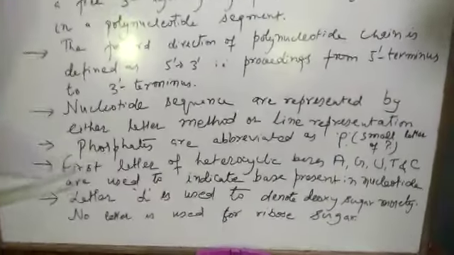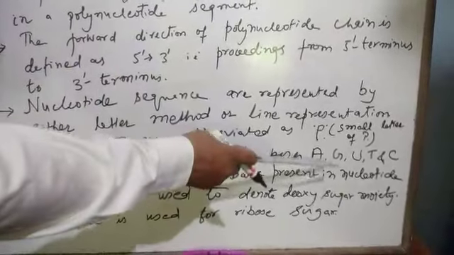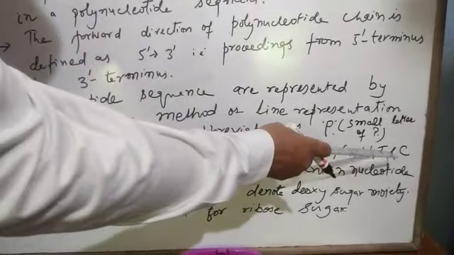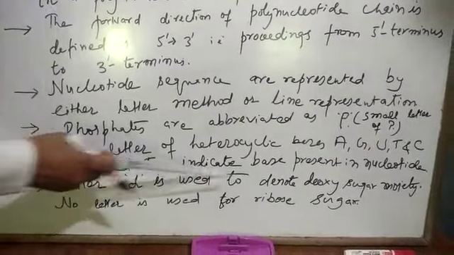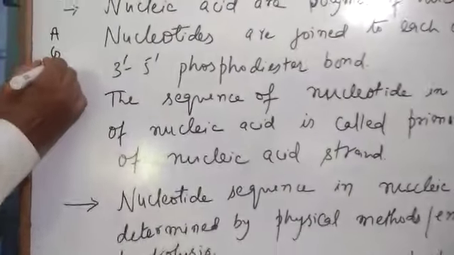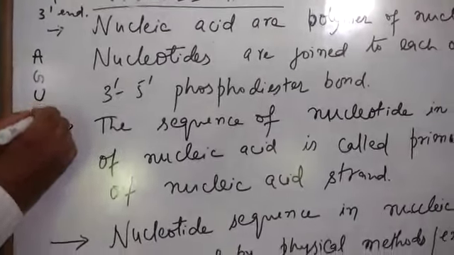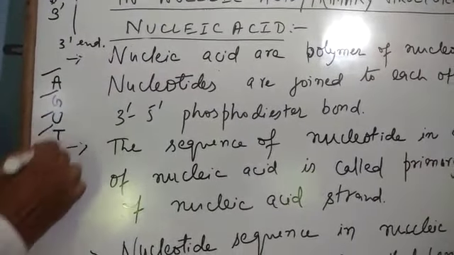So here is the statement: the first letter of the heterocyclic bases, adenine, guanine, uracil, thymine, and cytosine, is used to indicate the base present in the nucleotide. Okay. So obviously you see these are the letters for adenine, guanine, uracil, thymine, and cytosine.